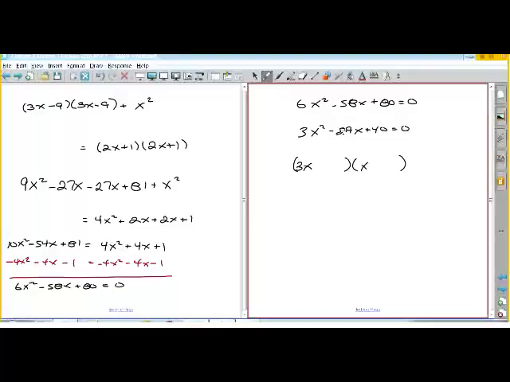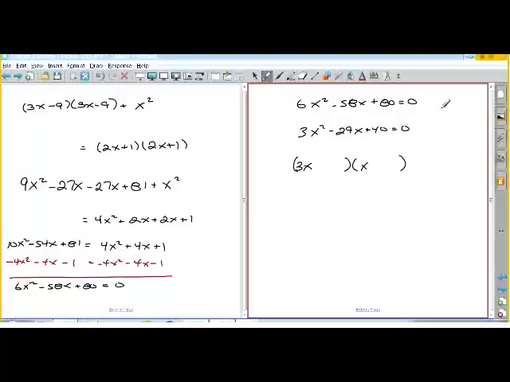So you've got to figure out which ones might add up to 29. Actually, this is positive and this is negative, so that's a problem, I think. Oh, no, it's not. If you have two negative numbers here, they multiply together to give you a positive, and added together give you a negative.